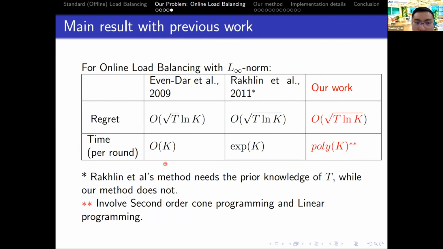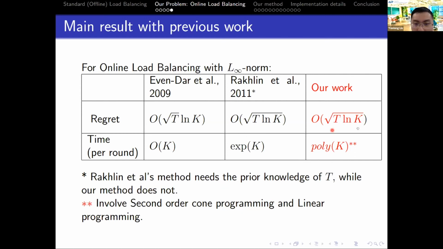Okay, we can compare our result with previous work. For the online load balancing problem with respect to the L infinity norm, Even-Dar gave a regret of order square root of T times log K, and the running time for each round is order K, which is polynomial time. Two years later, Hazan gave a more precise regret bound, square root of T times log K, but the running time is inefficient, exponential in K. So our work combines the advantages of these two works.